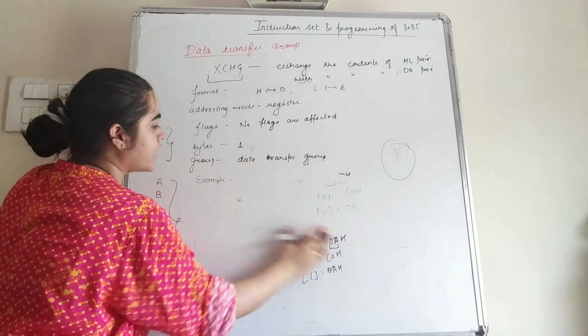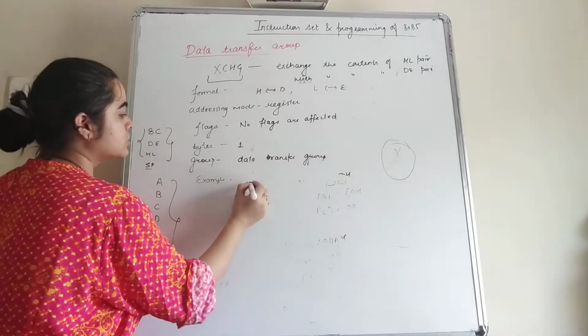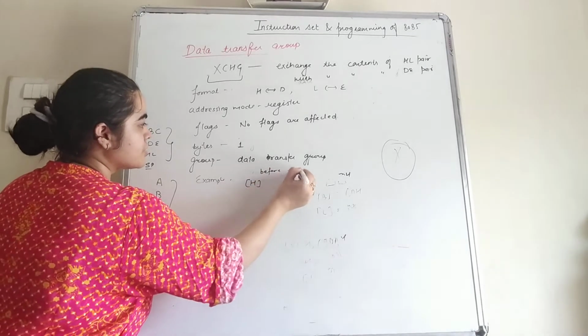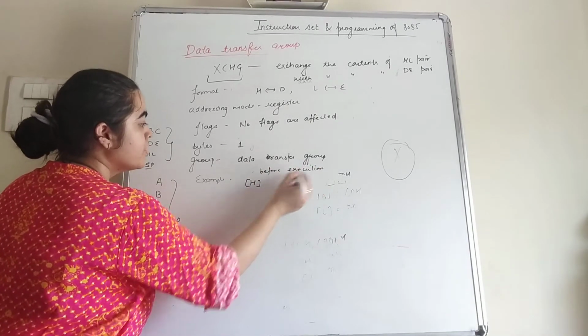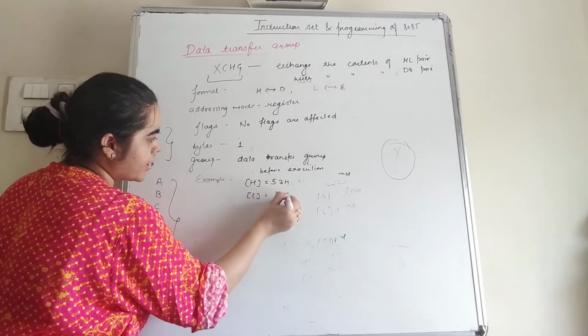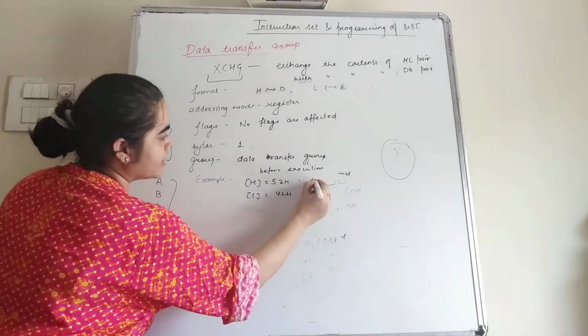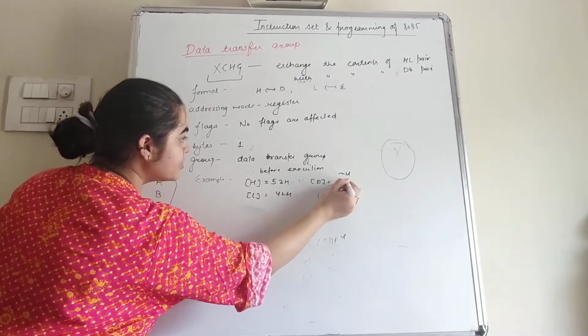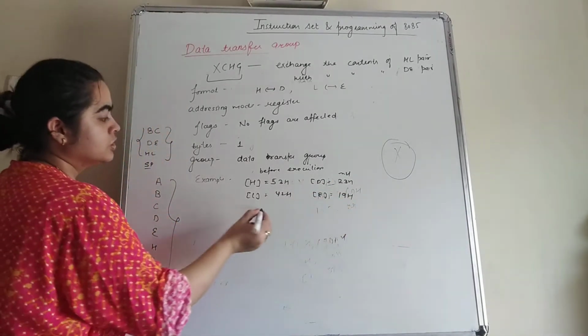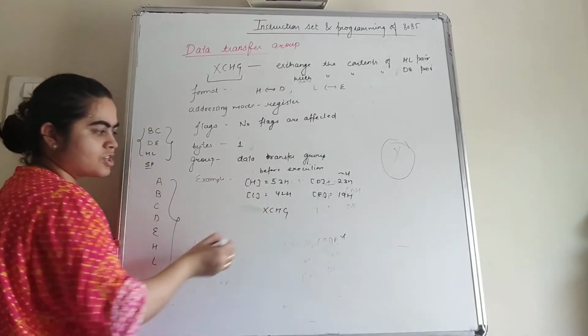Now students, the example of this instruction. Suppose before execution H has the value 53H, L has the value 42H, D has the value 23H and E has the value 19H. So we write the instruction exchange.